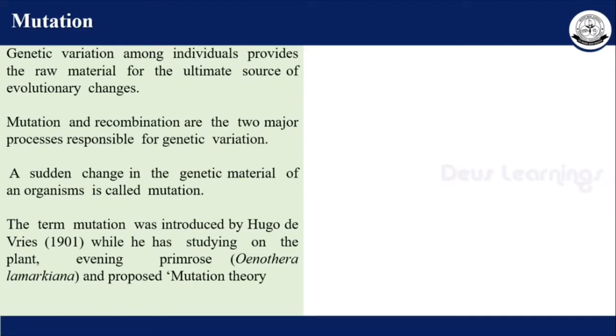Before understanding mutation, you know that we evolve. Evolution has happened, and because of evolution you see so many diverse animals, plants, bacteria and other living beings.